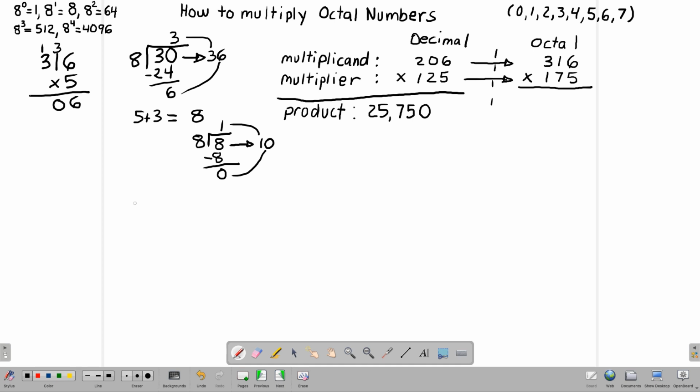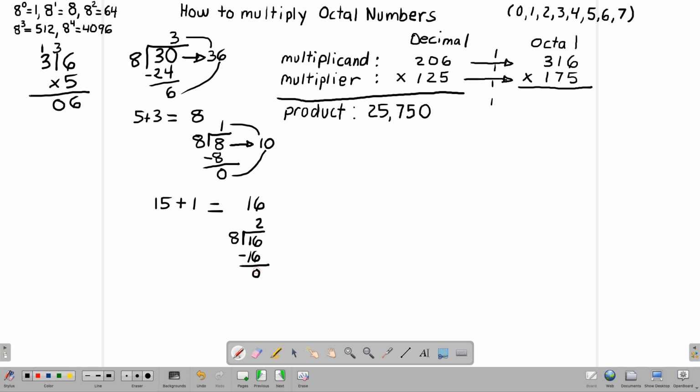So the next computation is 3 times 5, which will give us the value 15. And then we have to add the carry. That will give us the value 16. And so we have to convert 16 into octal. So we say 8 divided into 16 will be 2 times. 2 times 8 is 16.